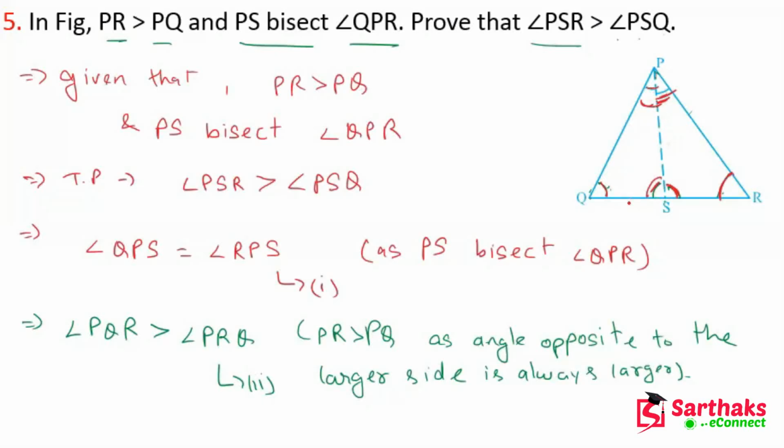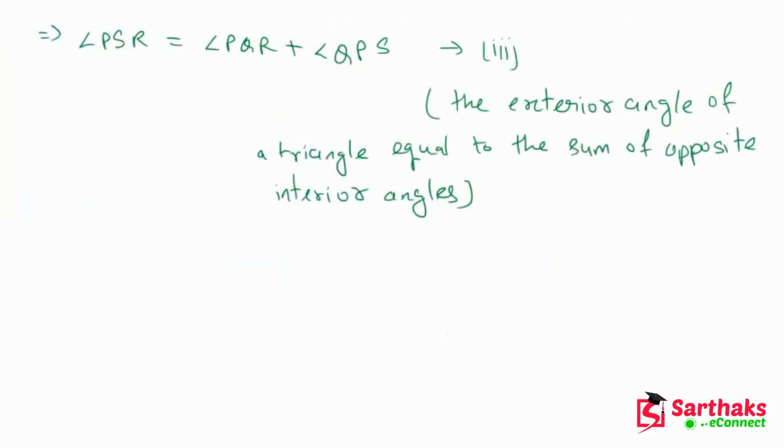Again, angle PSQ is equal to angle PRQ plus angle RPS. So this is equation 4, and the reason is the same as before.